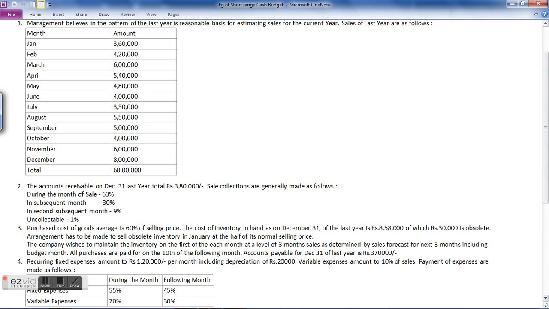So if you take Jan, for example, total sale is how much? 3,60,000. So out of this total sale, 60% will be collected in Jan, 30% in Feb, 9% in March, and the balance 1% is not collected at all.